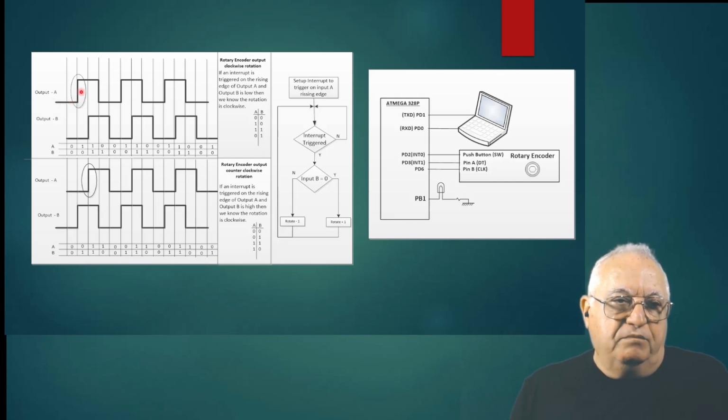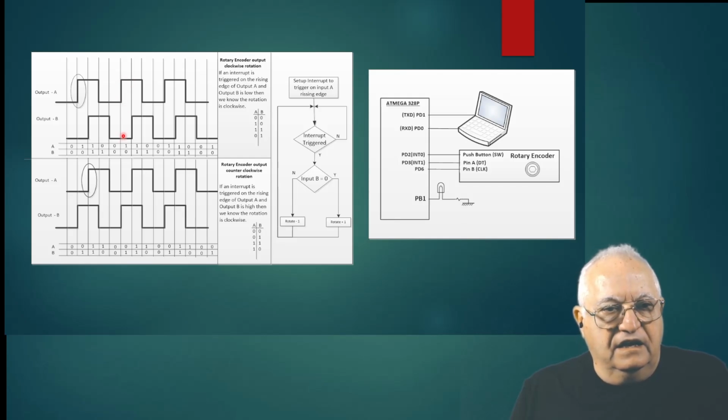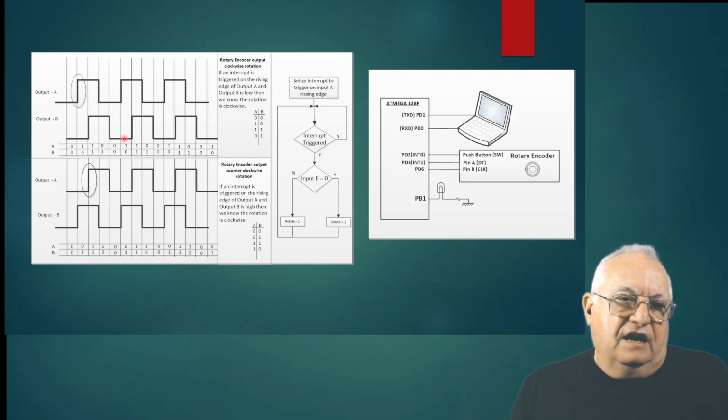So as soon as input A goes high, the interrupt triggers, and then if we look at input B and it's 0, we're going to decide that is clockwise. As you can see, every time the interrupt is triggered, the signal is high, then if we read the B input, it's going to be 0.